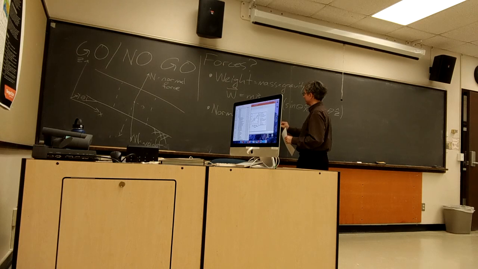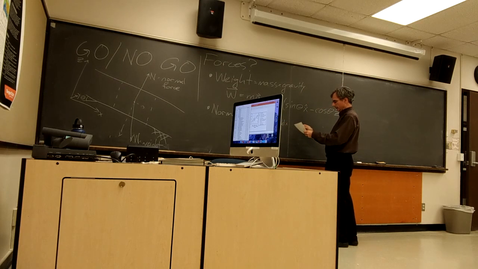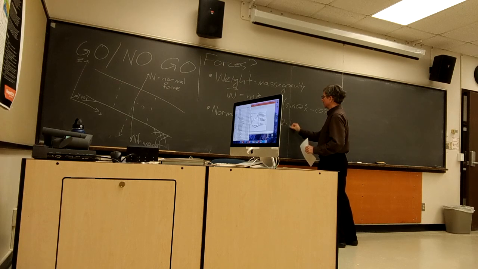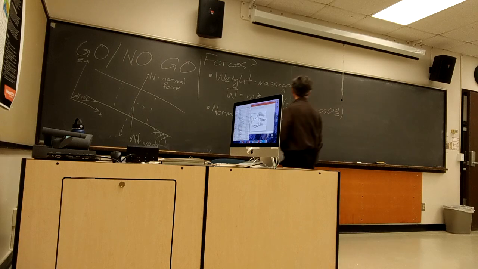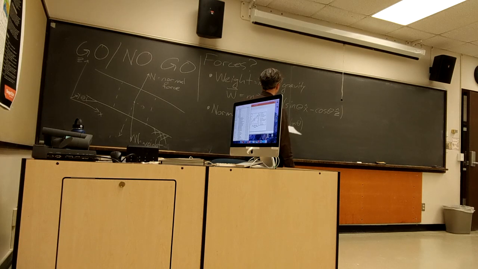So that just means that it's equal to weight times cosine of the slope angle, the slope-normal component of the weight. So, oh no, well, yeah, that's it, right?